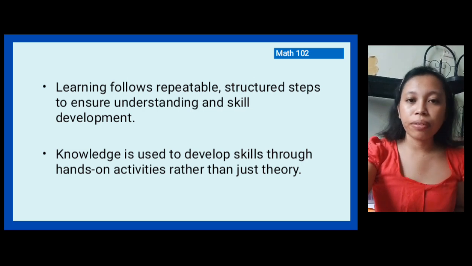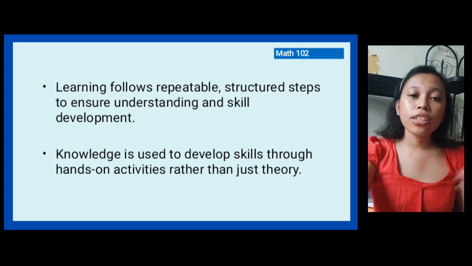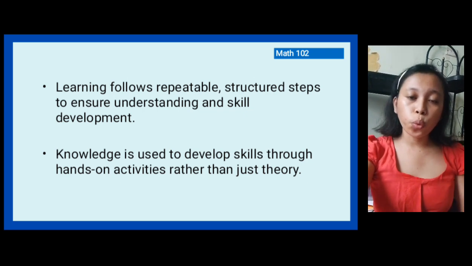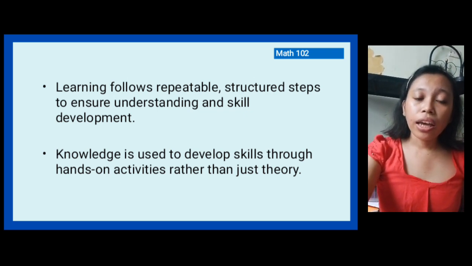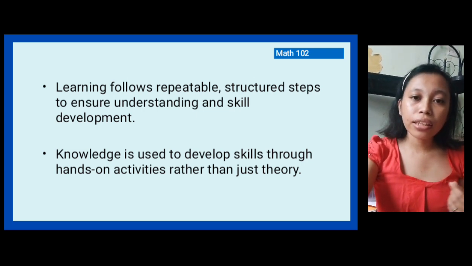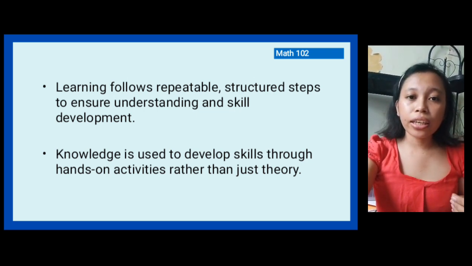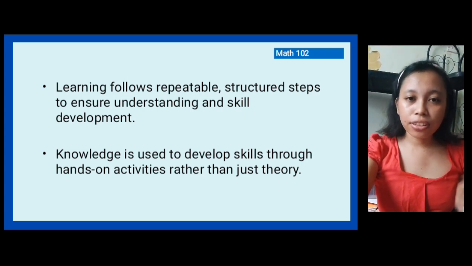Example, in measuring, you let them measure the length or the width of a square or something. That is experiential learning, or learning by doing. With that, children can easily understand the lesson, especially in understanding mathematics. It is important to have learning by doing for them to easily understand the lesson.